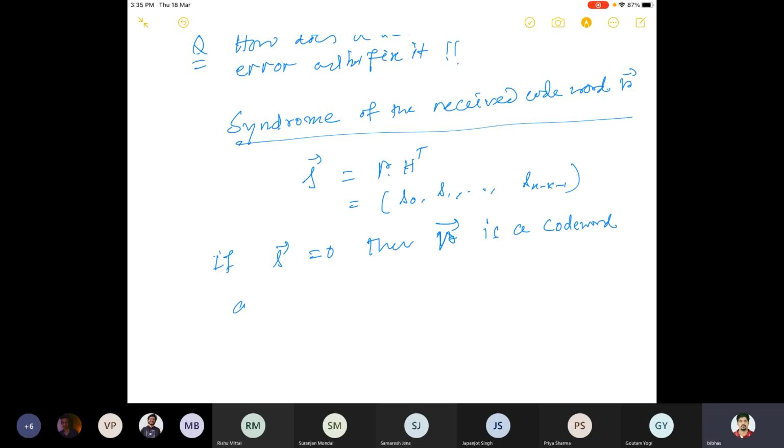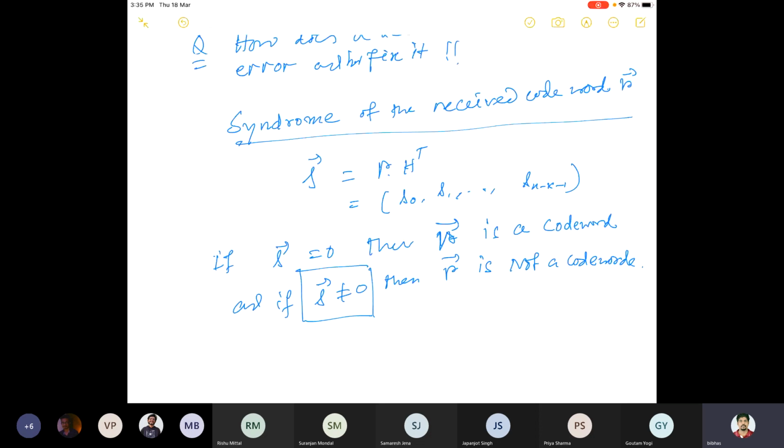And if the syndrome is a non-zero vector, then the received one is not a code word. So if S is not equal to 0, then the error is detected.